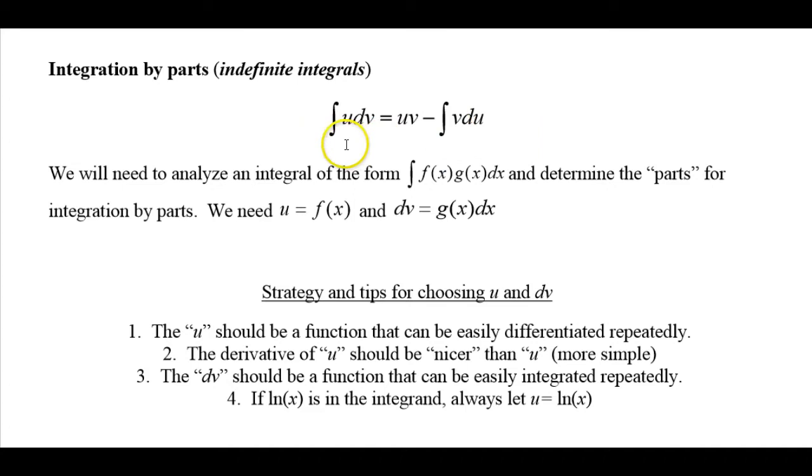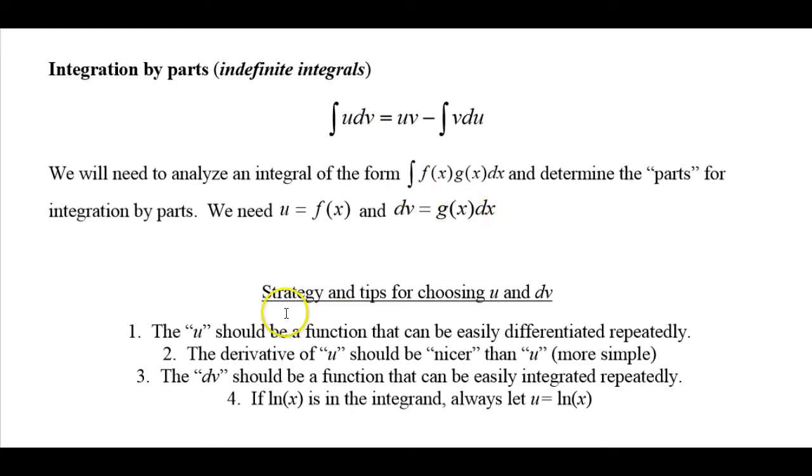It looks a little different than how our standard integrals would look, because what we're really going to need to do is analyze an integral of the form f of x times g of x, that's the integrand, and determine the parts for integration by parts. We need to find u, that f of x function, and dv, which is the g of x dx portion.